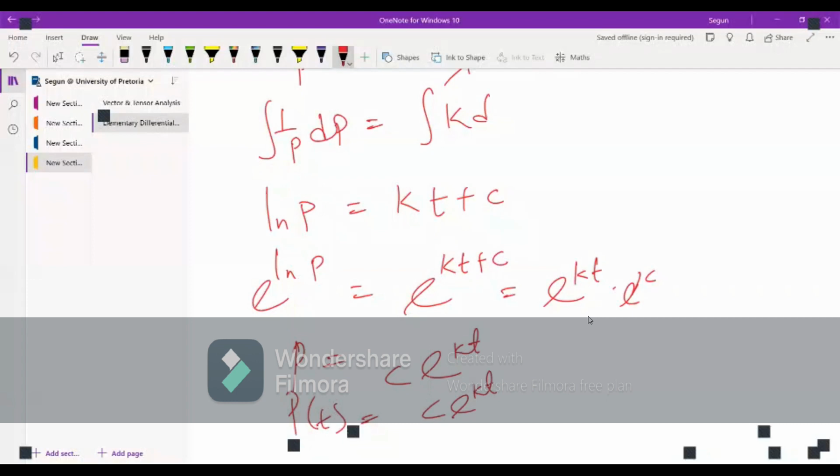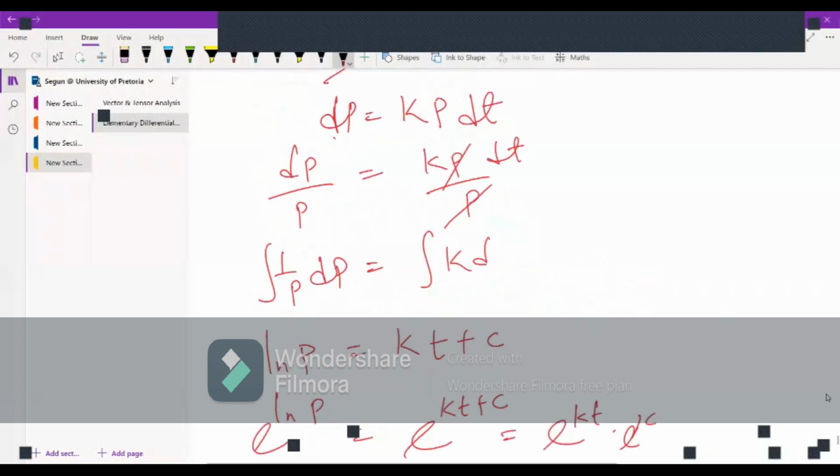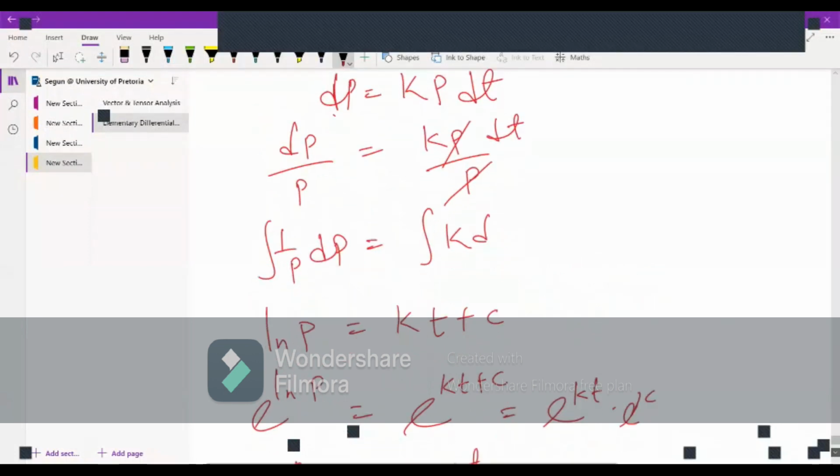So at the point 0, what happened? When we have our t to be 0, what do we get?